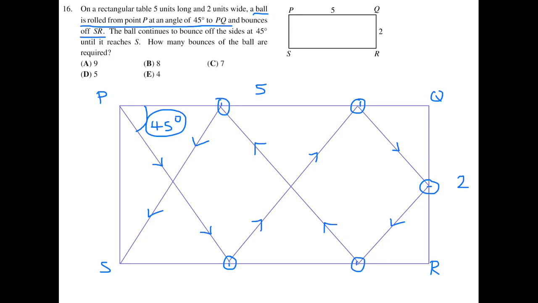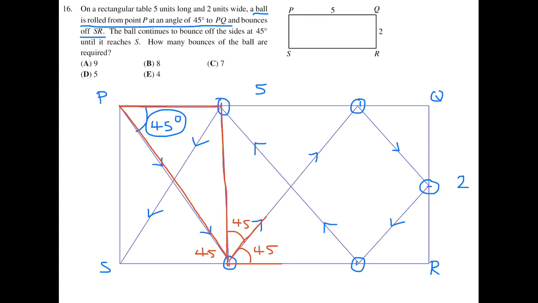If this is 45 degrees, then that means that this triangle that I just drew is going to be isosceles, and it certainly doesn't look isosceles, so sorry about that, but it is, because if this is 45, then they've told you that whenever it bounces off, it's at 45 degrees. So this is the second bounce, right? The second distance that it's traveling. So this is 45. And if that's 45, then this is 45, right? Because this is a perpendicular. And therefore, same story.